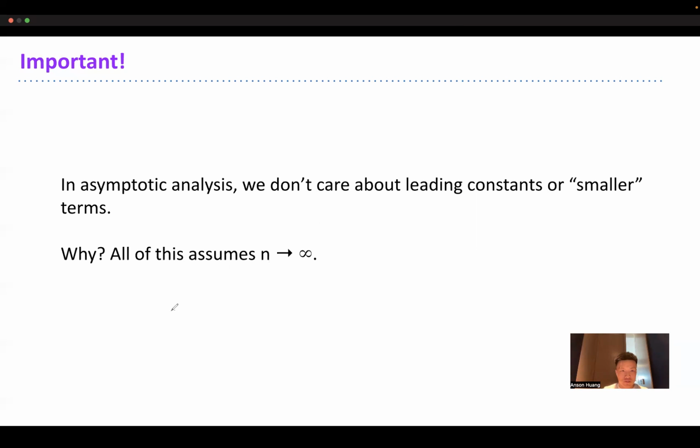So for example, if you have O of 1000n, and you have order 1 over 100n, these have the same runtime. So they're both O of n.